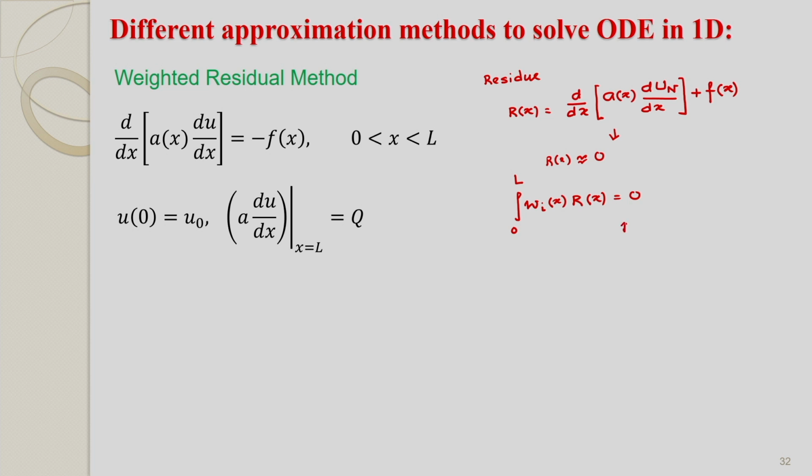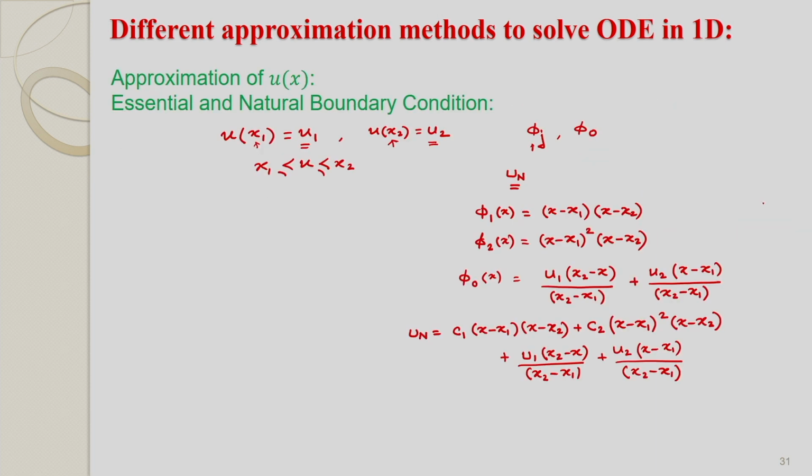So, this statement is called weighted integral statement. Here I goes from 1 up to capital N. This capital N is the number of phi j we have chosen.